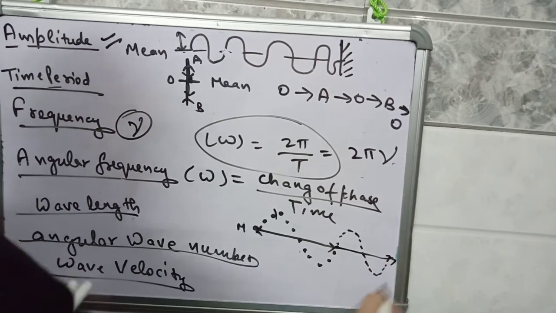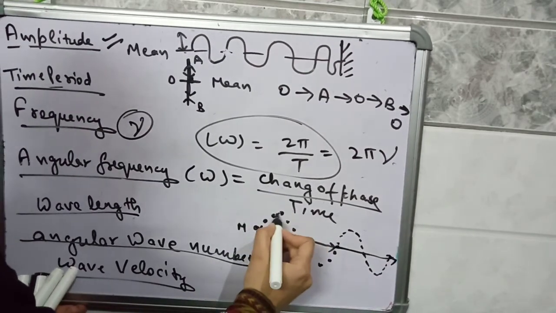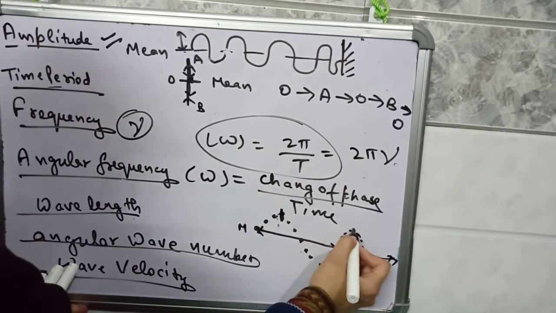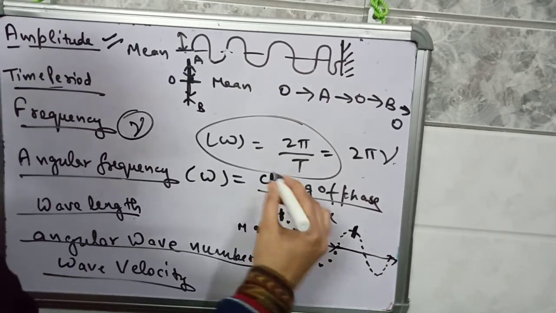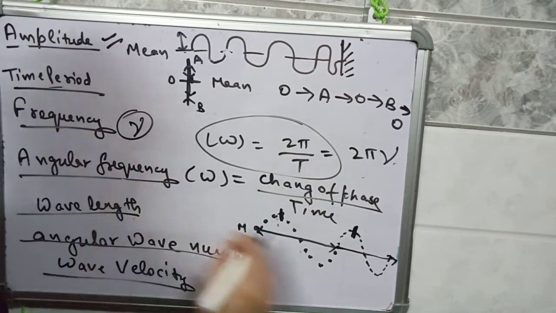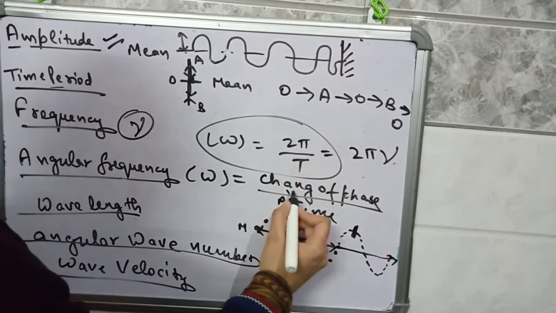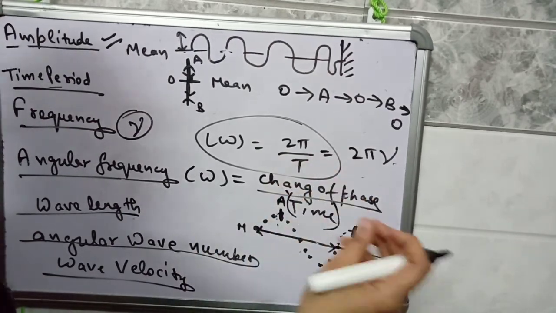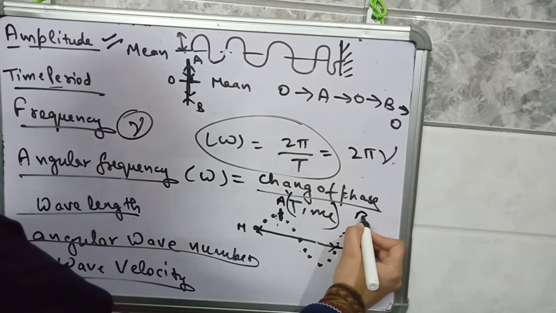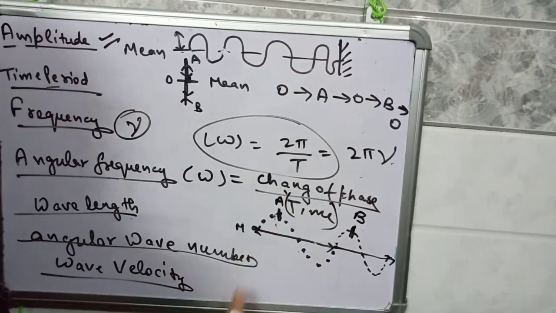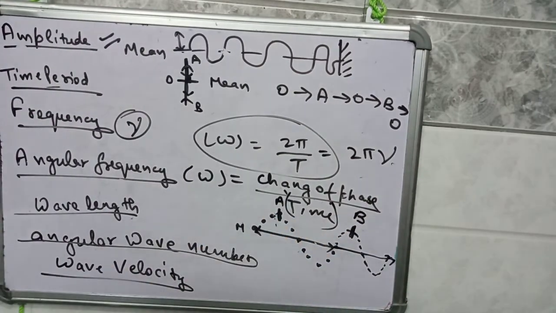So what you can see is that at this time and at this time, the same particle is having the same phase. When the particle is at an extreme position, after some time it will again come to the extreme position. So wavelength is the distance covered by a wave during the time in which a particle of the medium completes one vibration about its mean position.